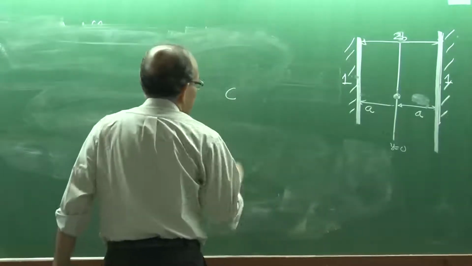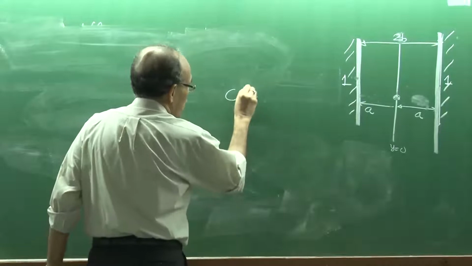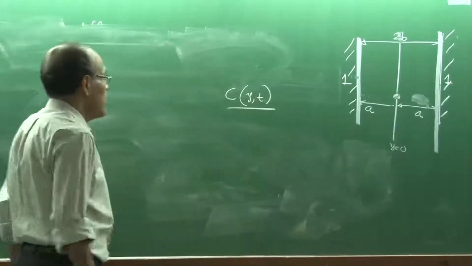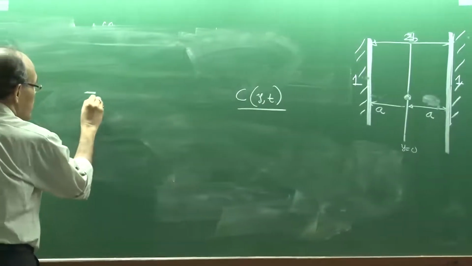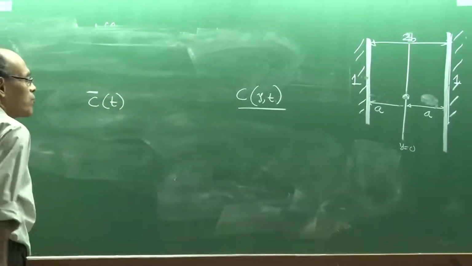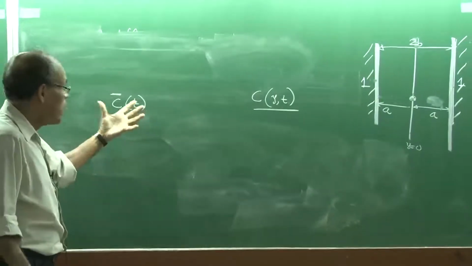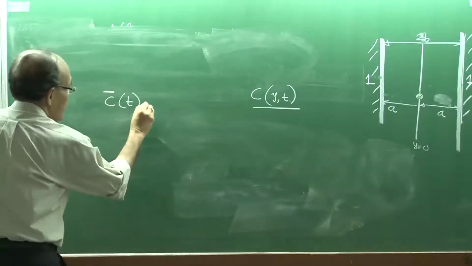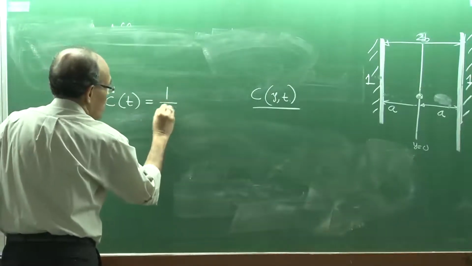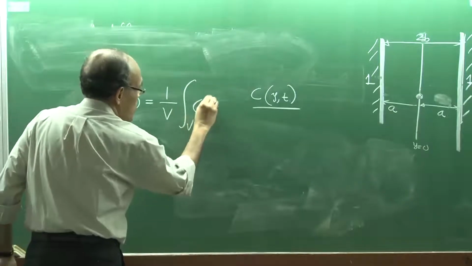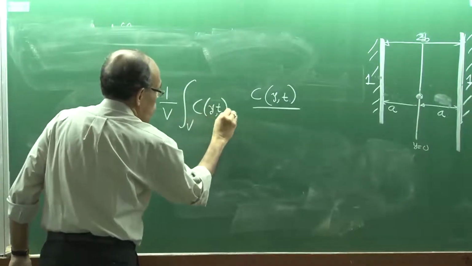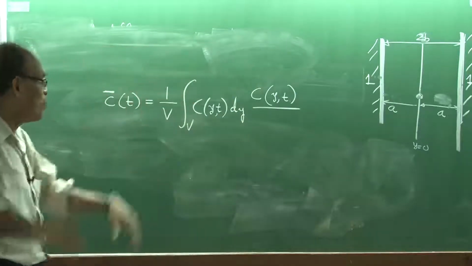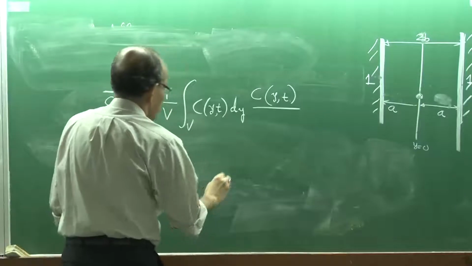So we have seen that C is a function of y and t, and now we want to find an average C, which is only a function of time. This can be found if we do the integration of C(y,t) over the entire volume, dx dy dz.